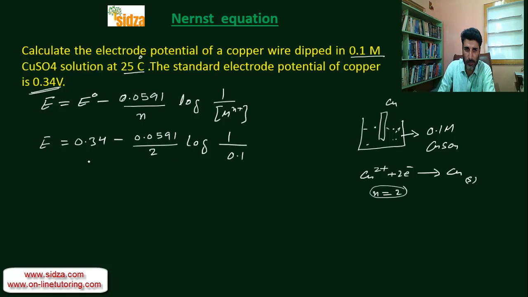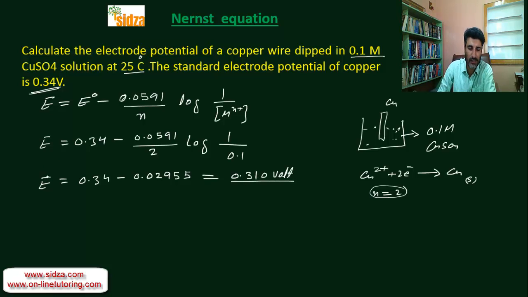When you simplify this, the electrode potential will be 0.34 minus 0.03, so it will be 0.31. Which means that the electrode potential at 0.1 molar concentration is 0.31.